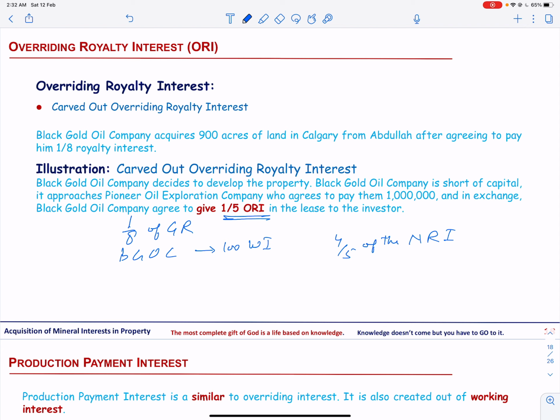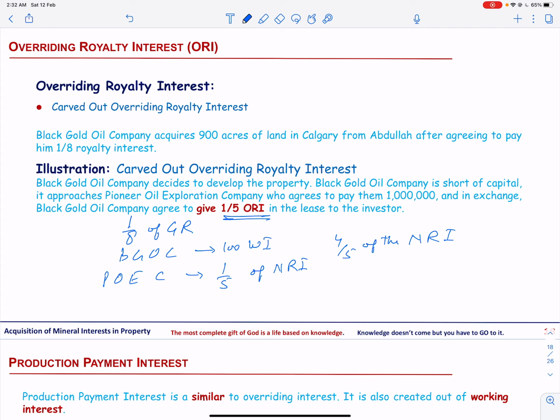The company will pay for exploration, development, and production, and Pioneer Oil Exploration Company, they will receive 1/5 of net revenue interest.